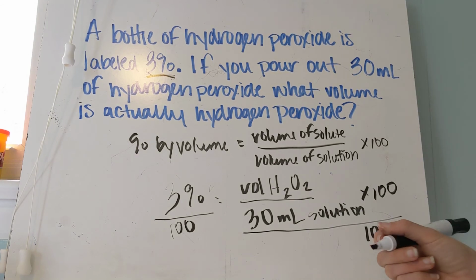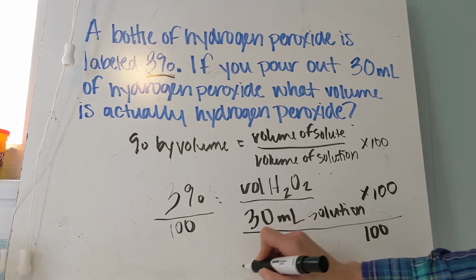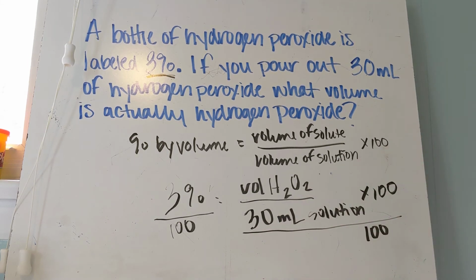All right, so when I do that, 3 divided by 100 is 0.03. And I am going to switch my whiteboards up. Try and make it a little easier while we do it.